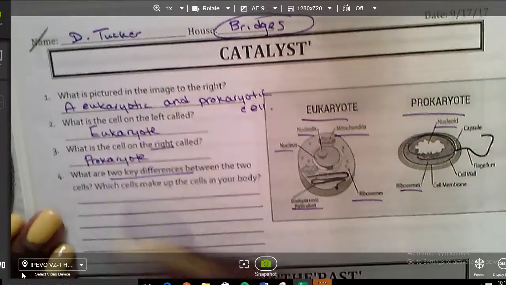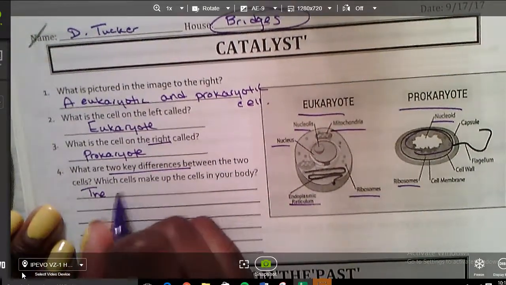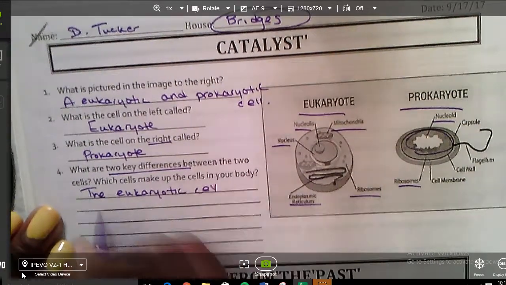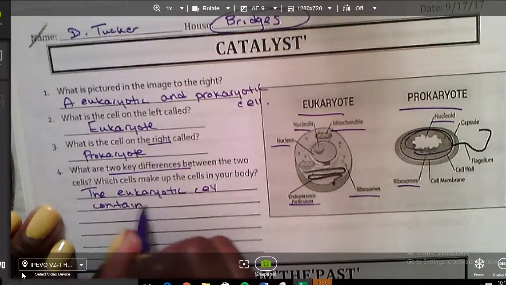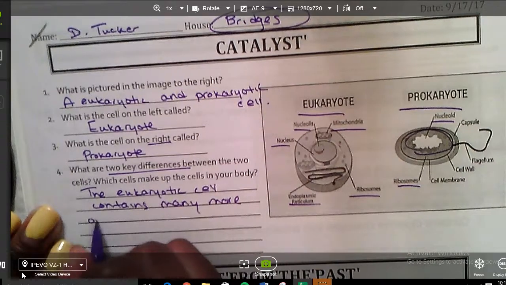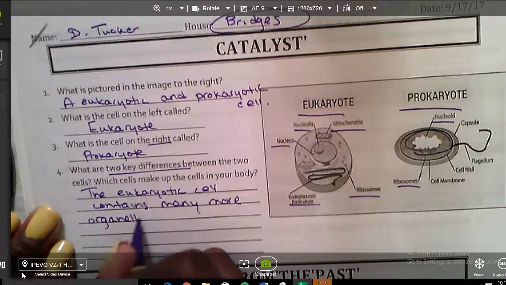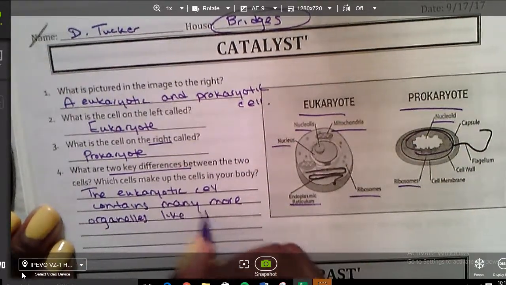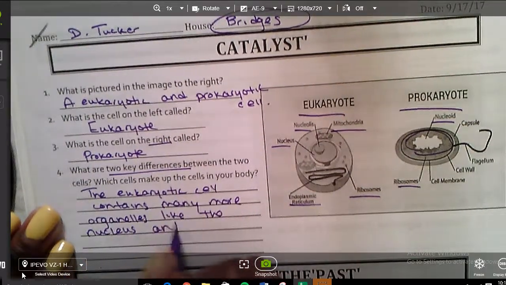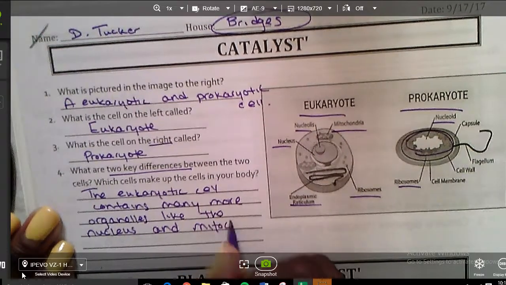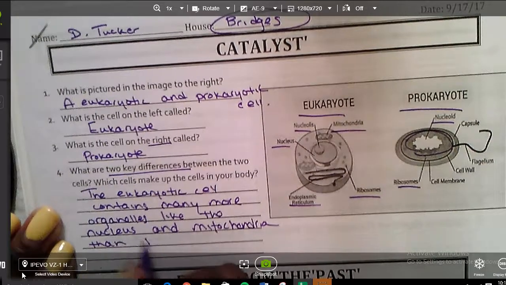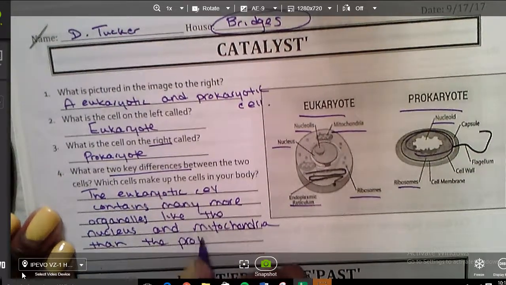So what we want to acknowledge is that the eukaryotic cell contains many more organelles like the nucleus and mitochondria than the prokaryotic cell.